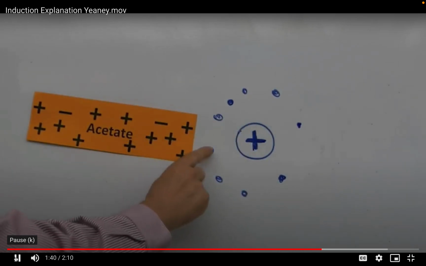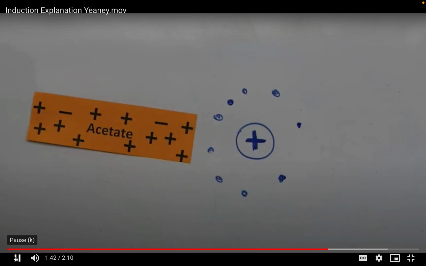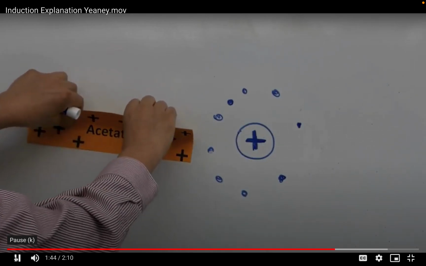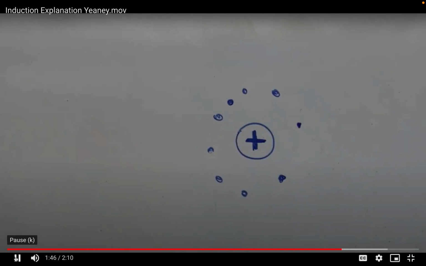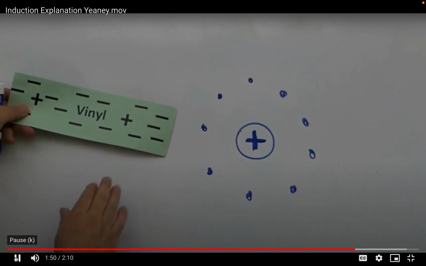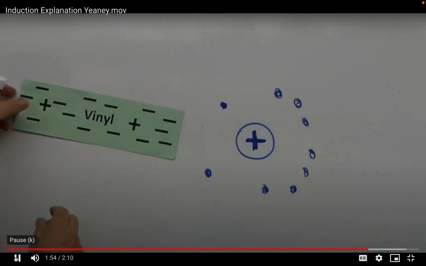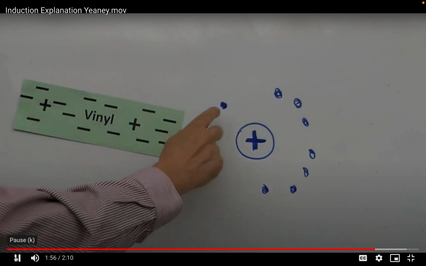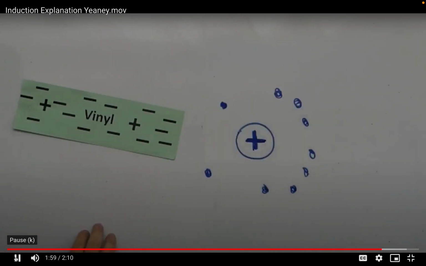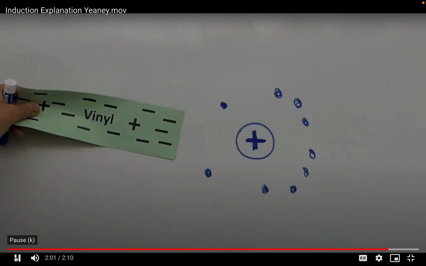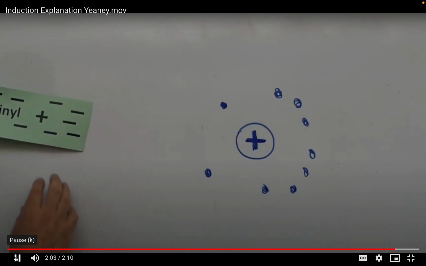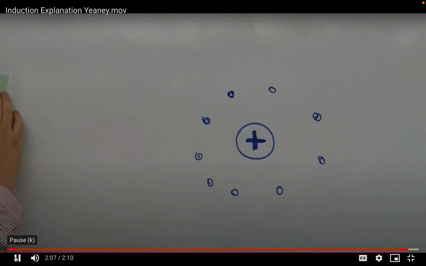It's the electrons moving closer to the positive charge, but don't actually leave the atom. When we remove the positive charge, the electrons will balance themselves out again, and if we bring a negative charge near that same insulator, it's going to drive the electrons away to the opposite side of the nucleus, allowing the positive charged nucleus to be attracted to the negative charge. We remove it, and once again, the electrons will balance themselves out.